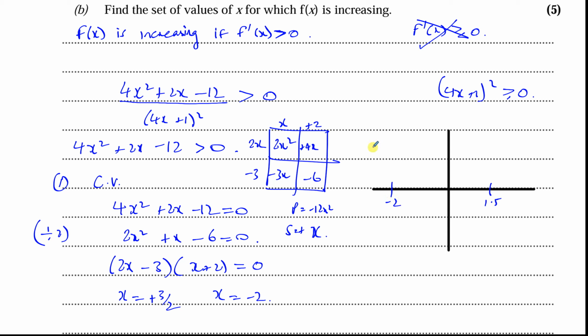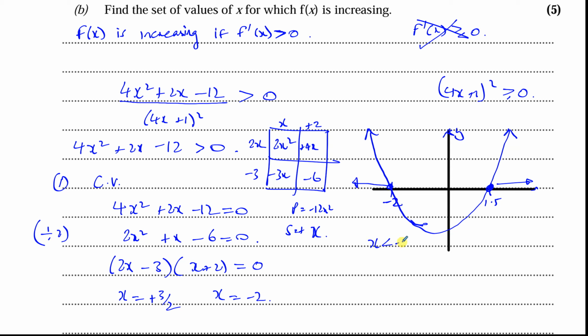It's going to look something like this. I haven't drawn it so well, but the important thing is to know where this is greater than 0. We can see it is greater than 0 from 1.5 onwards, and from −2 backwards.